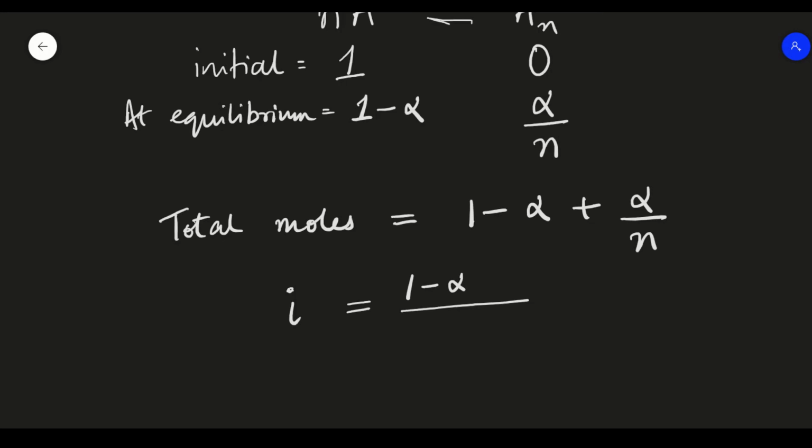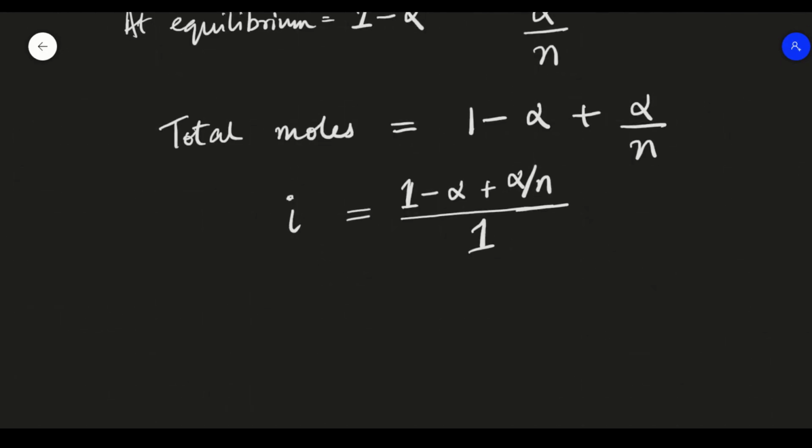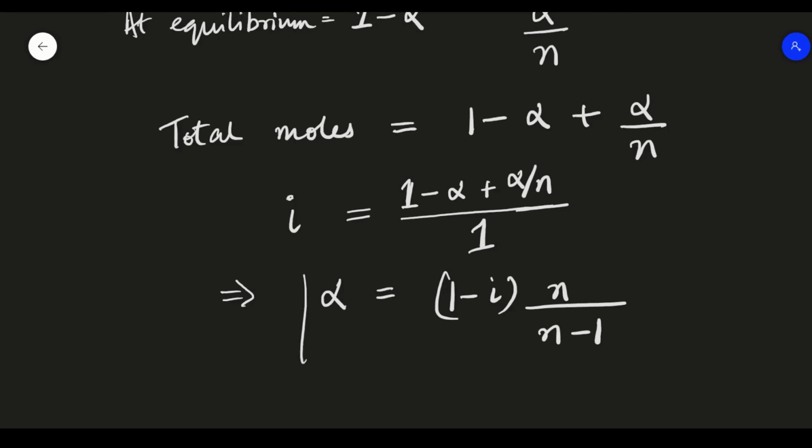So it would be equal to 1 minus alpha plus alpha by n, and this will be equal to 1. Now, why 1? Because we have taken 1 mole of A before the association. So here, if you calculate the value of alpha, alpha will be equal to (1 minus i) times n divided by (n minus 1). Now, this is the degree of association.